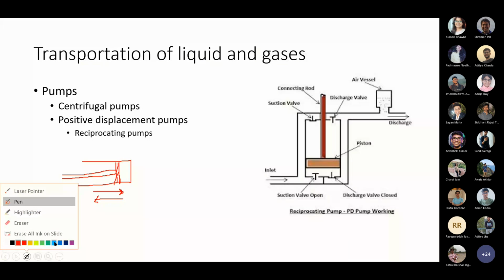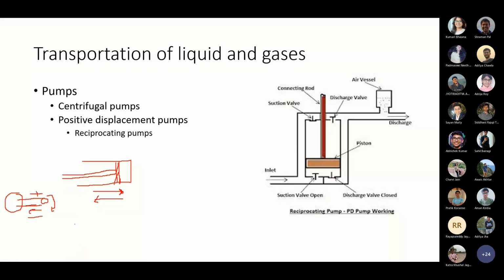So here, I'll just put a blue line. This is the piston, the blue one is the piston.